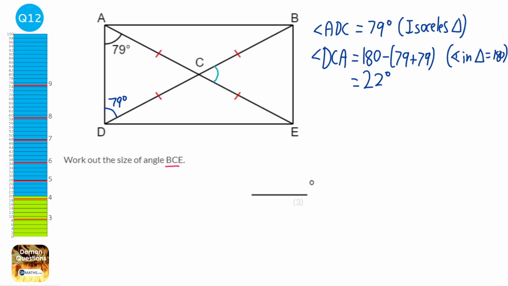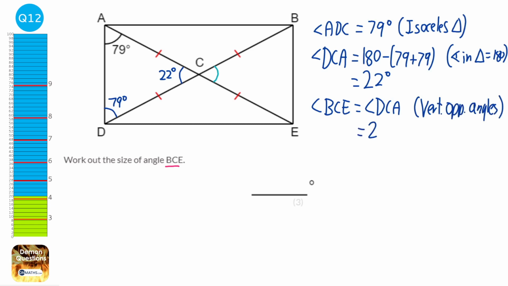So we know that this is going to be 22 degrees. And now we can actually work out angle BCE, because it's going to equal angle DCA. And the reason for that is they are vertically opposite angles.